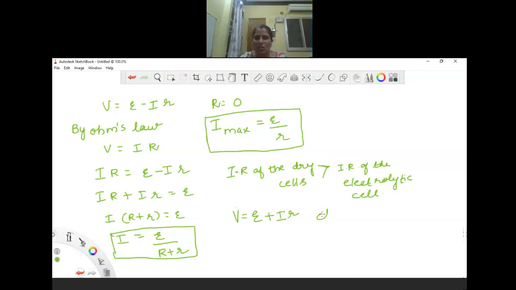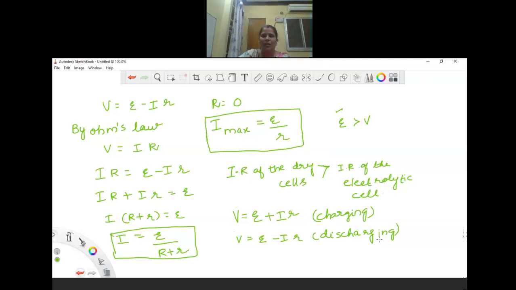This is during the charging process. So keep in mind that I told you that EMF will always be greater than the potential difference, but during the charging process alone, V is equal to E plus Ir. But during discharging, V is equal to E minus Ir. So these two are very, very important.